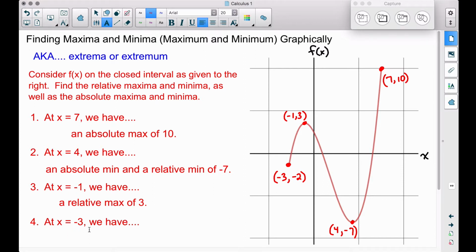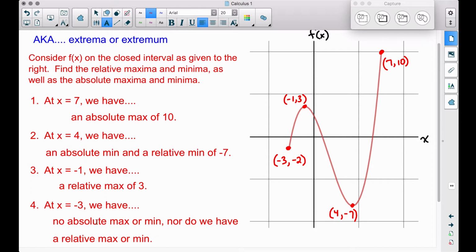And then last but not least, let's look when x is equal to -3. This is the leftmost endpoint. Now, this is not the absolute minimum because there are clearly plenty of other points that are lower than this left endpoint. As a matter of fact, we've already labeled our absolute minimum. Since this is not an absolute minimum and endpoints cannot be relative maxes or mins, at x equals -3, all we have is a left endpoint.